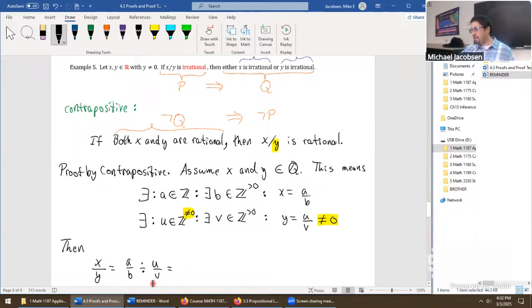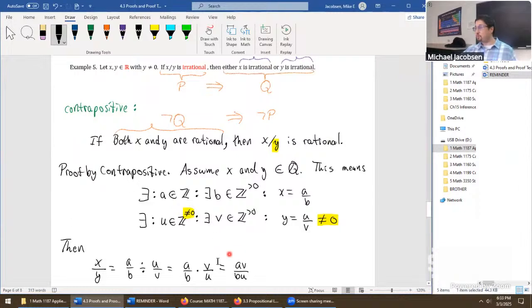Now, let's see here. v couldn't be 0 in this location, but when you go to do the actual division, it's a over b times v over u. Now, u can't be 0, but we plugged in that hole already by asserting it couldn't have been 0 from the very onset. Multiply these through and we get a times v, divided by b times u.